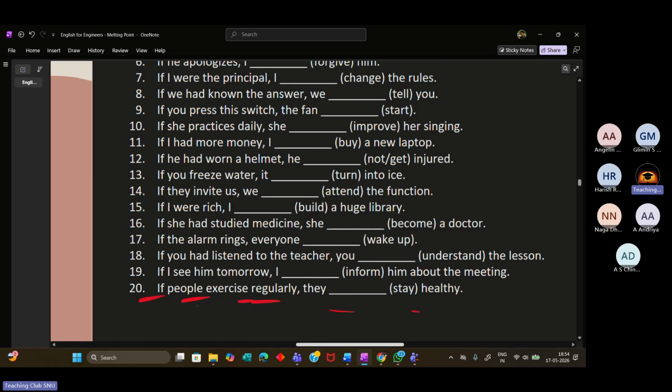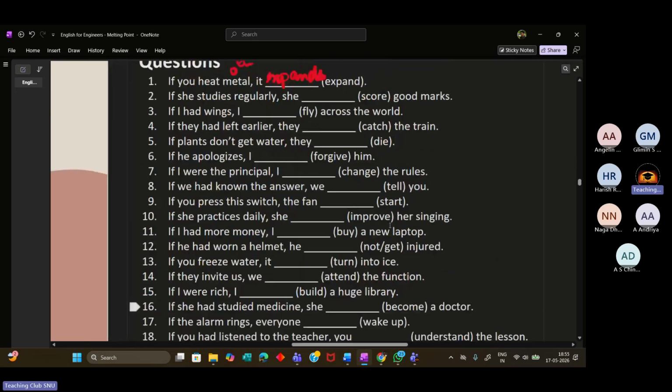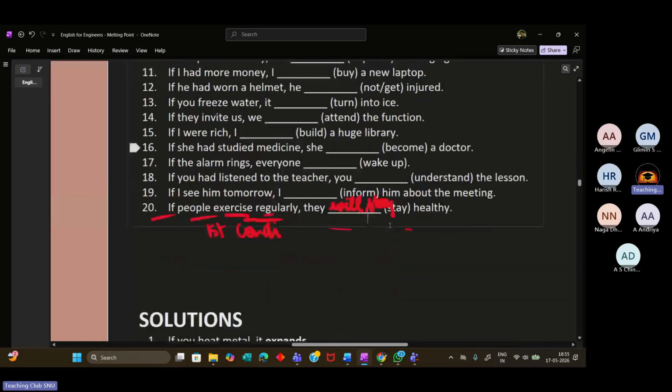This is an example of the first conditional, because it is in simple present, which means you add a will and then the same word which is given: will stay healthy. So that's what it is, guys.